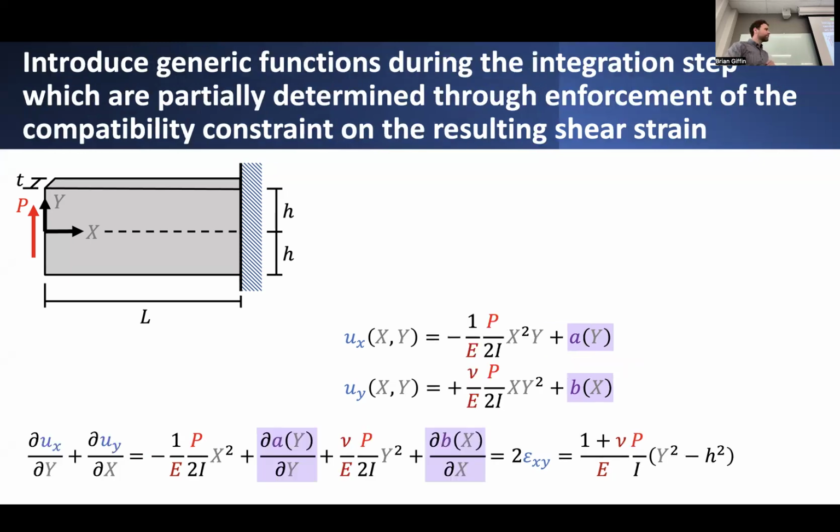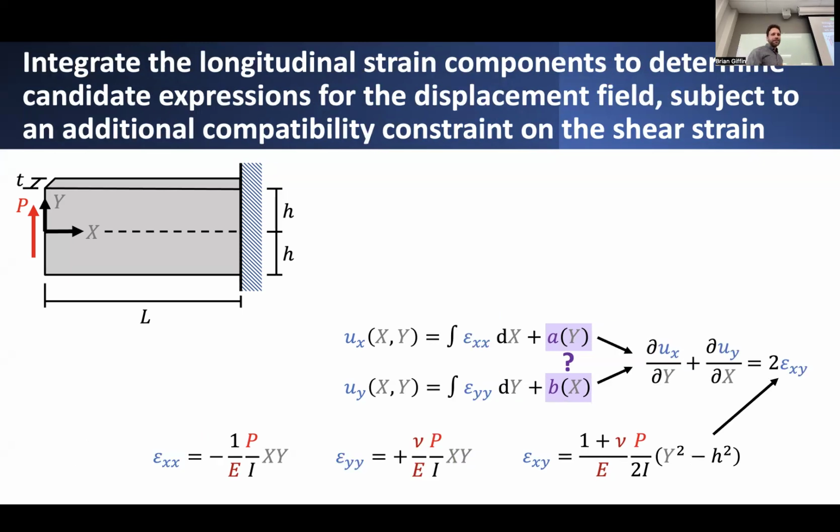All right, so if we take these assumed forms for A and B, functions of y and x respectively, and just to back up a little bit, we can take these integral terms with respect to epsilon xx and epsilon yy. You'll notice epsilon xx depends on an xy term, so its integral with respect to x gives me something that looks like x squared times y.